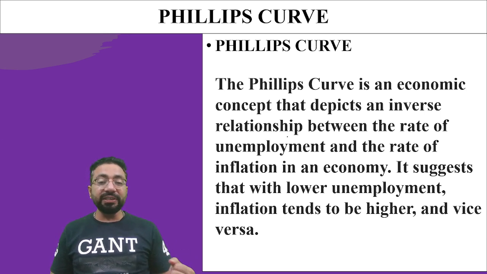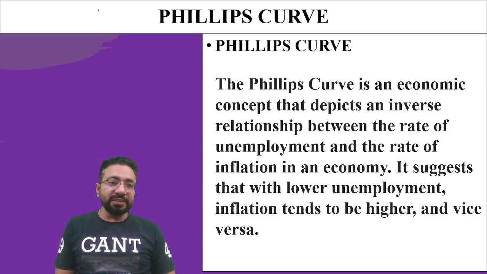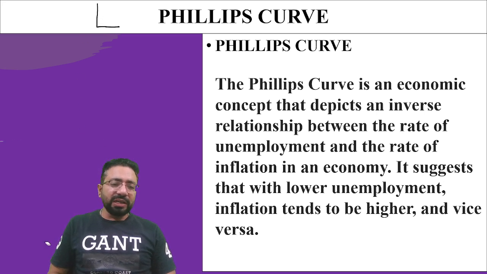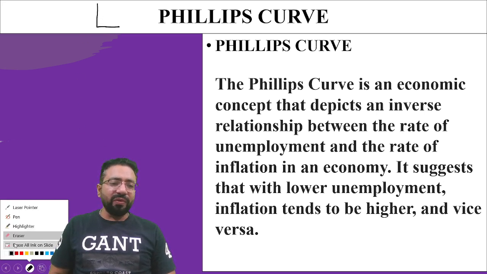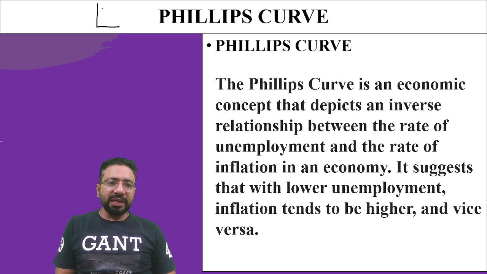It suggests that with the lower unemployment, inflation tends to be higher and vice versa. That means if the rate of inflation rises, then the rate of unemployment will fall. That's how this is your Phillips curve.